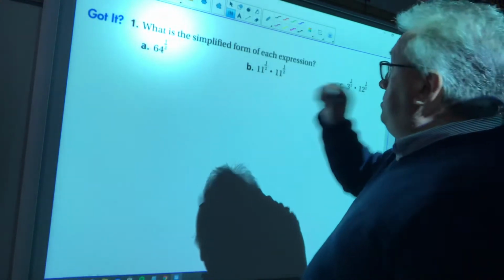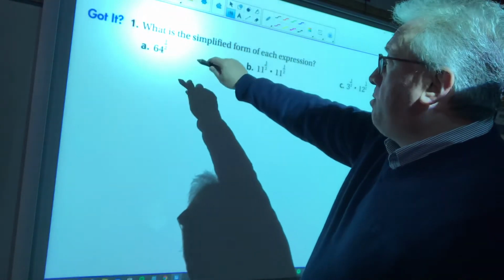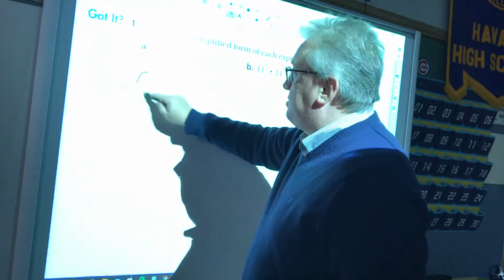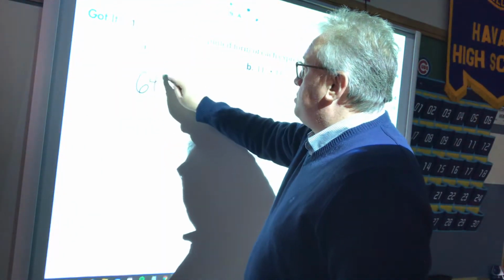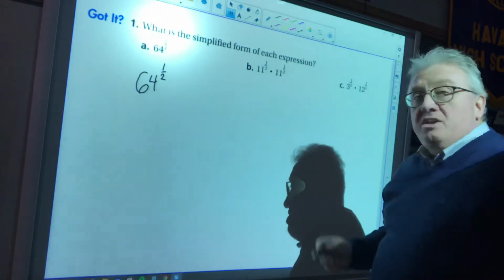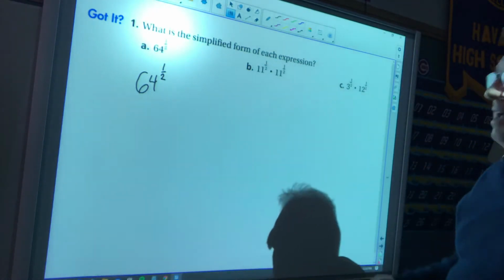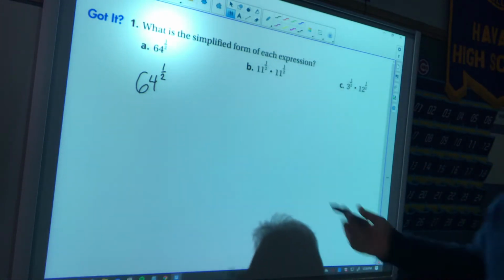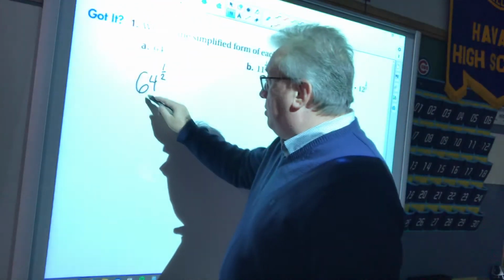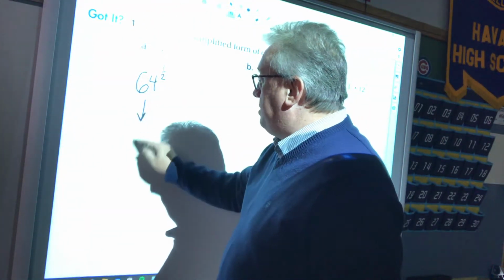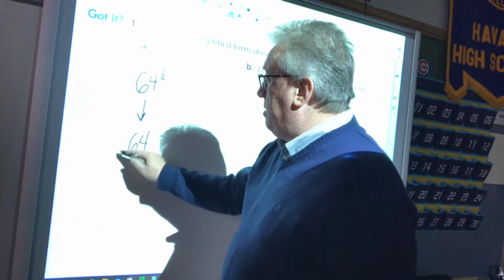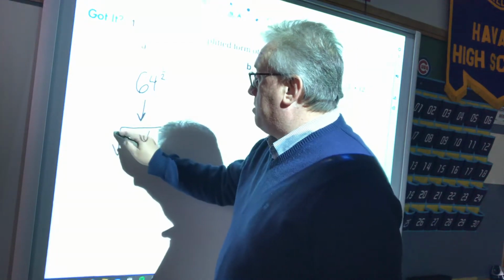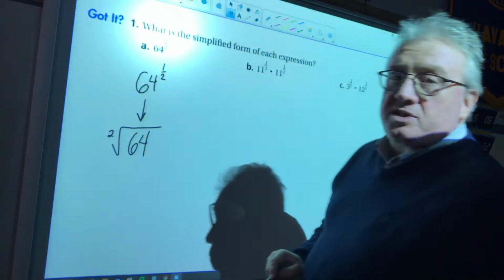Now write each expression in simplified form. So we have 64 to the 1/2 power. If you look at that, it doesn't look like anything special. But if we write it as a radical, then that means the square root of 64. Remember, the index on a square root is 2.